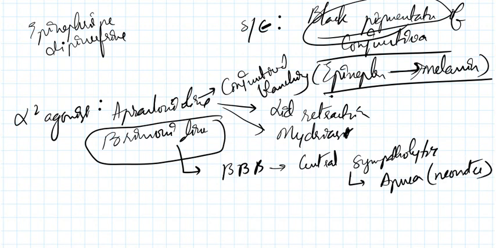And also it causes drowsiness, somnolence. What is somnolence? Excess sleep. What is somnambulism? Sleepwalking. What is insomnia? Sleeplessness. Remember these terms are very important: somnolence, somnambulism and insomnia. Brimonidine also causes hypotension.